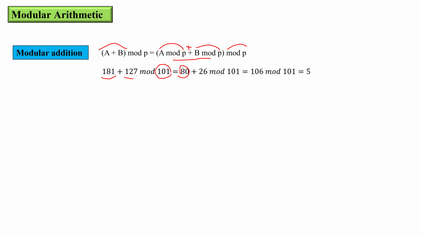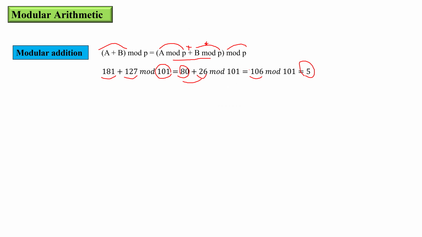And then 127 mod 101 equals 26. Now we add these two values to each other, which is 106, and then finally compute mod 101, which is 5. This is computed by following the right side.